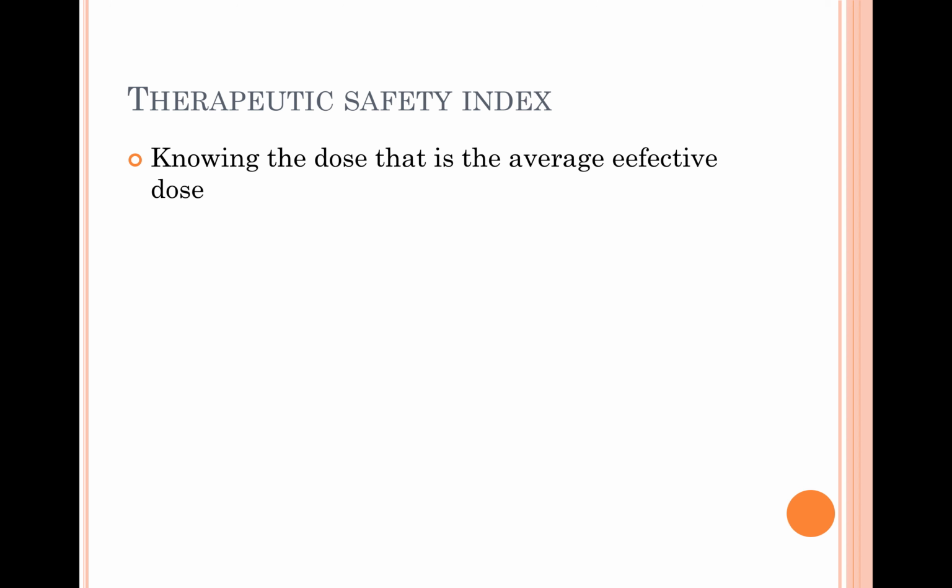The therapeutic safety index is often abbreviated TI for therapeutic index, and it might be abbreviated that way in the literature that you're reading about drugs. When the drug is studied, the drug company determines two different levels that play a role in the safety index determination.